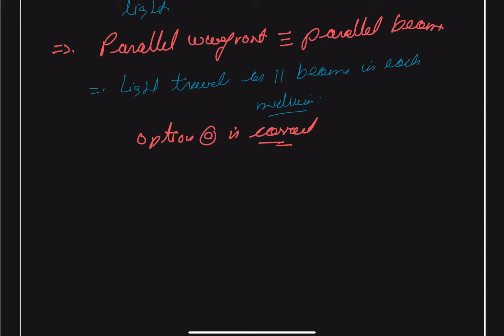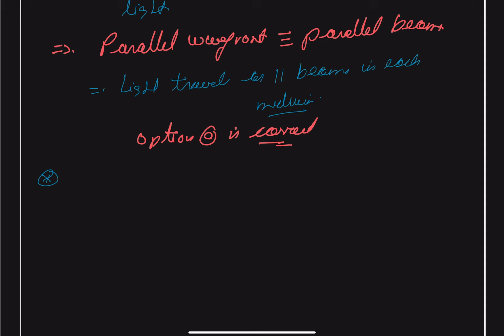Now for part B, it is based on Huygens principle of light, which says that light slows down or speeds up when it's moving from one medium to another, because the wavefronts tend to bend at the interface.